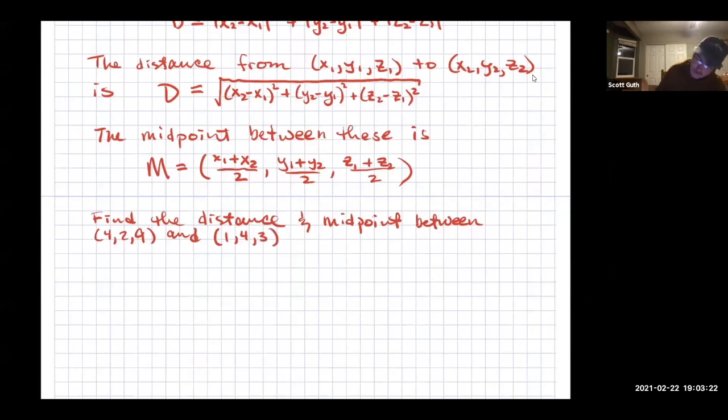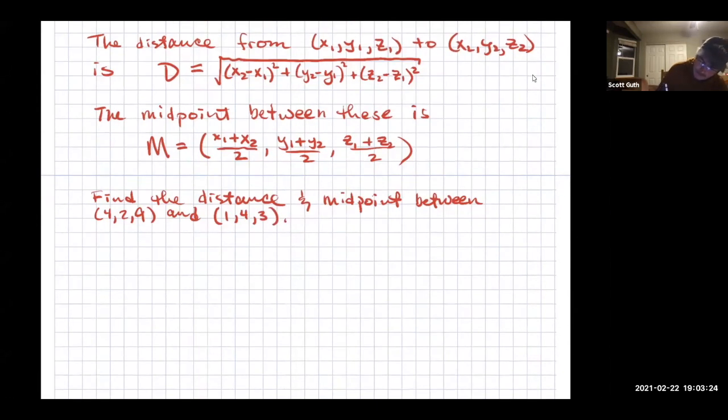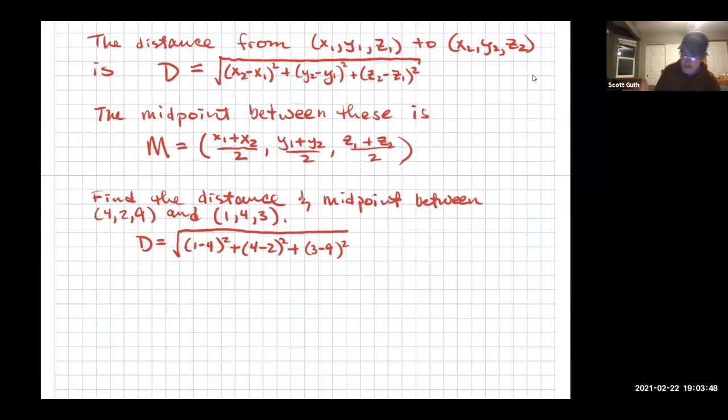Okay, so easy enough. So our distance, subtracting the x's, you could do 1 minus 4 squared plus 4 minus 2 squared plus 3 minus 9 squared. Any questions there?